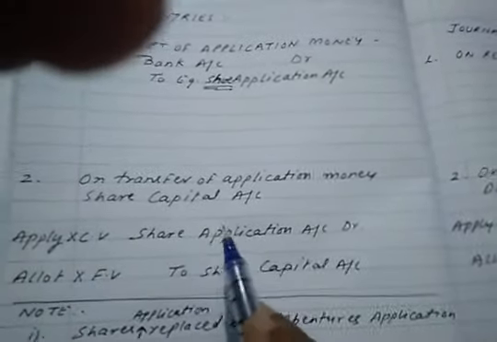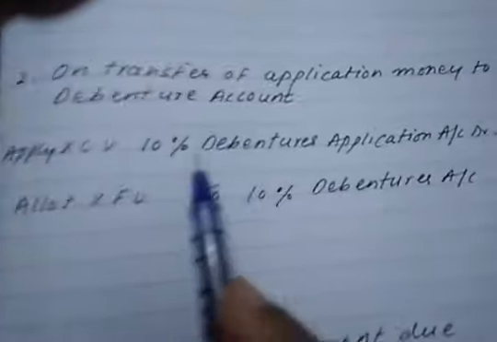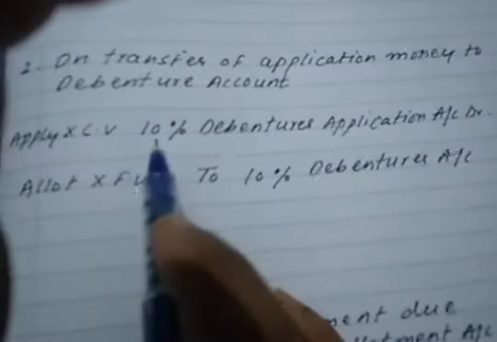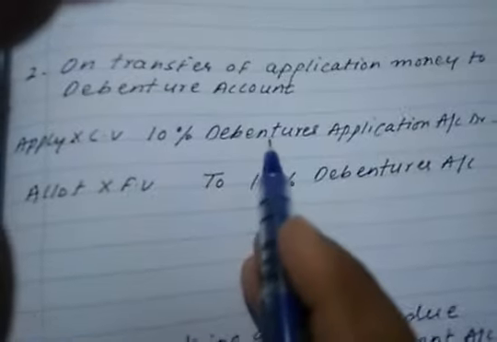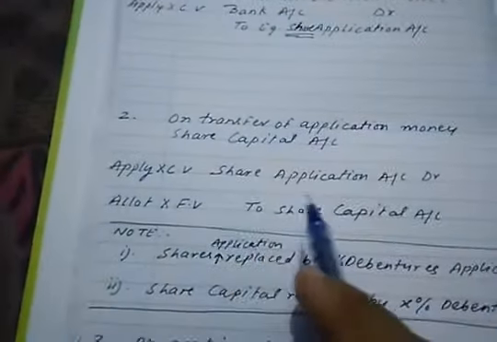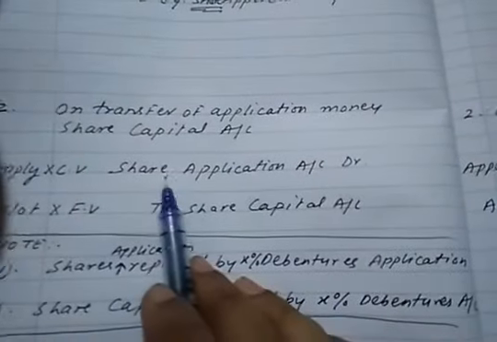See the journal entry related to debentures: 10% debenture application account debit to 10% debentures. In place of shares we have written debentures. The rest of the journal entry is the same; share is replaced by debenture.